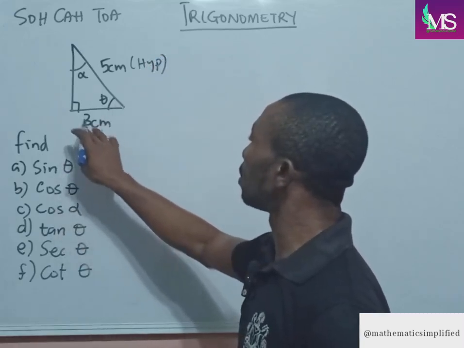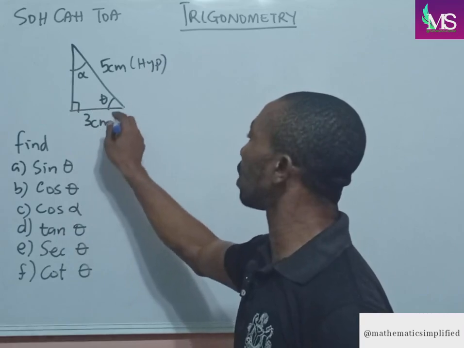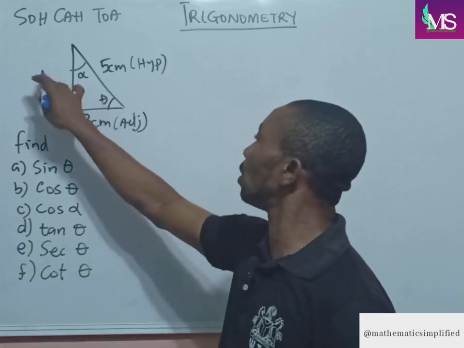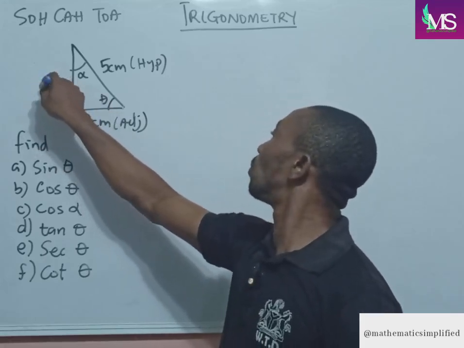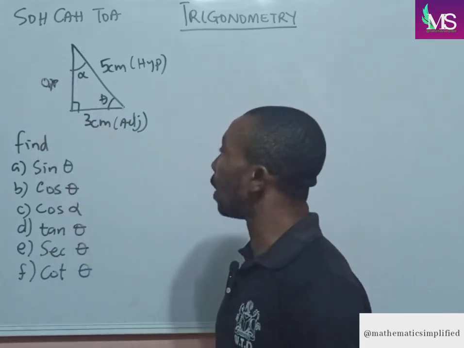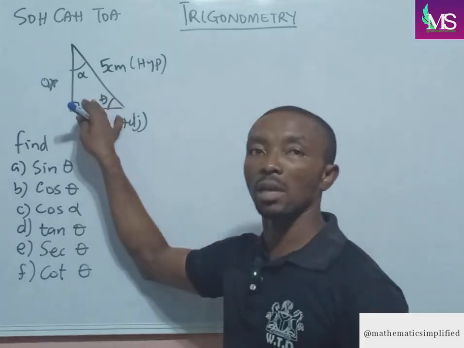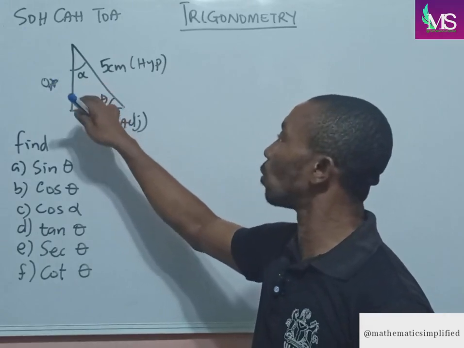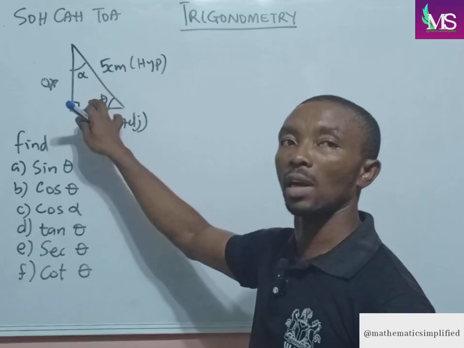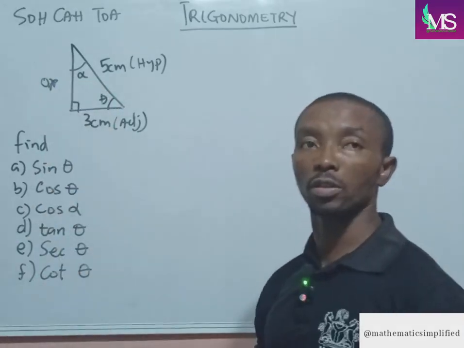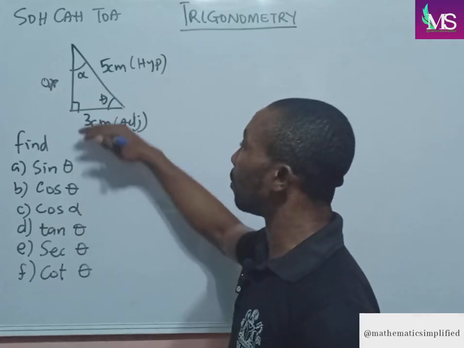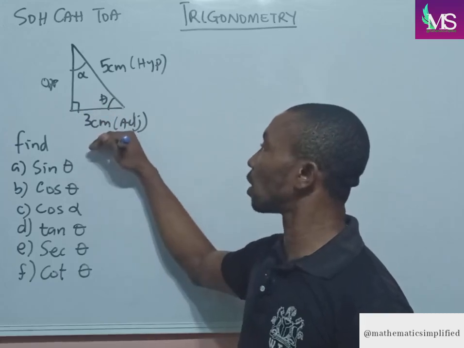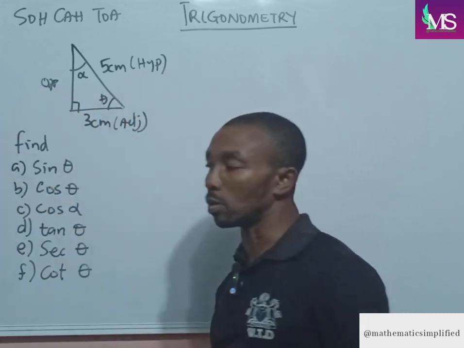This bearing 2 angles forms our adjacent, and this forms our opposite. Now we are considering theta as our angle. You can see we have 2 angles. We know that alpha is complement to theta, since both of them will give us 90 degrees. But considering theta, this will be our adjacent, hypotenuse, and opposite.